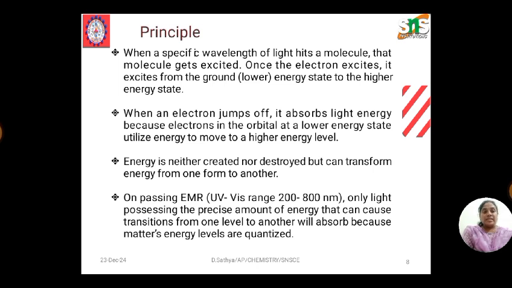Energy is neither created nor destroyed but can be transformed from one form to another. On passing electromagnetic radiation, only the light possessing the precise amount of energy that can cause the transition from one level to another will be absorbed, because the energy levels of matter are quantized.